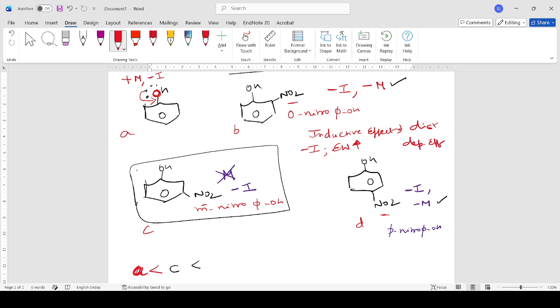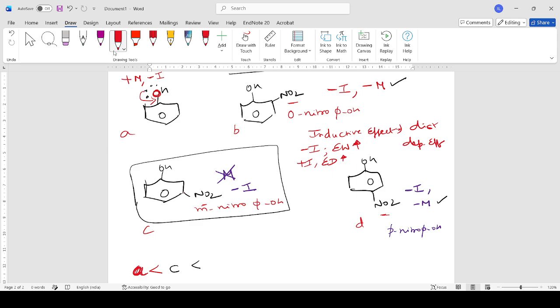If it is a little bit far away, the electron withdrawing nature will be less. In the same way, if I say plus I, the electron donating nature is higher if it is very close. If it is far away, the electron donating nature is less.